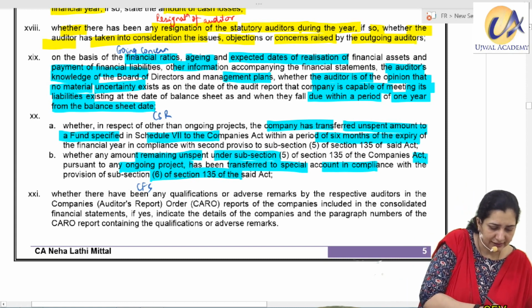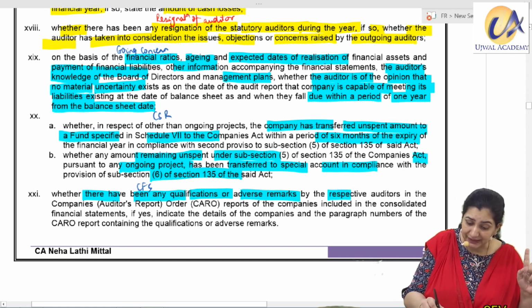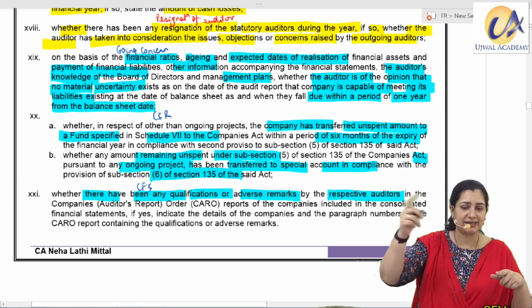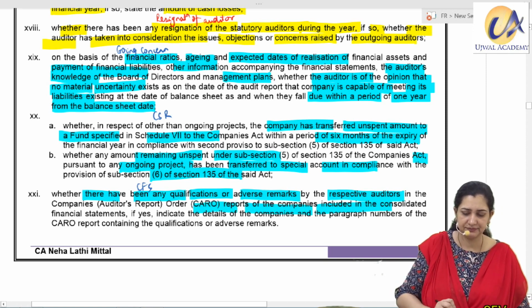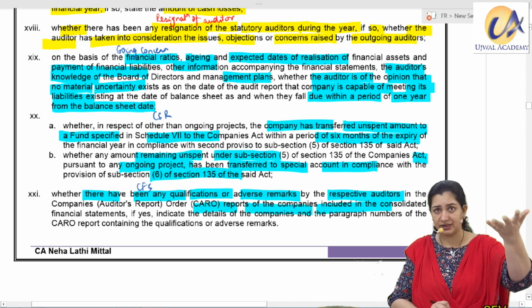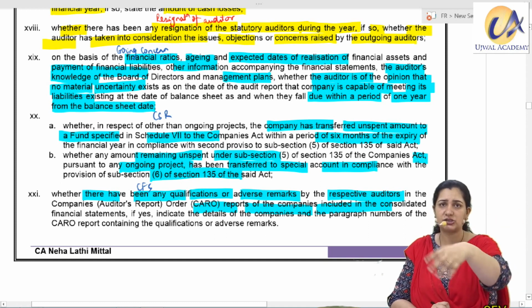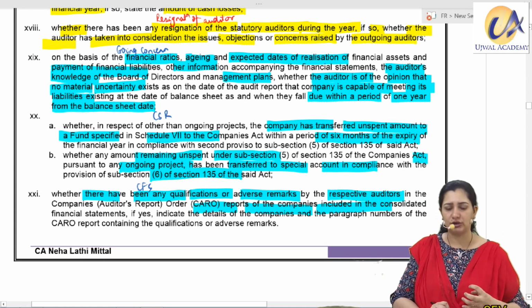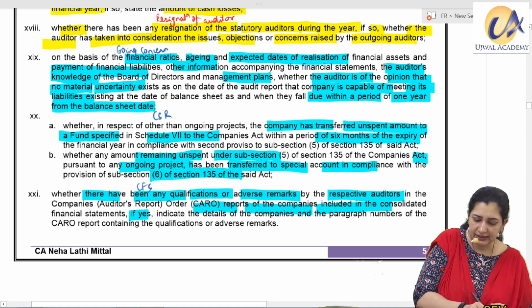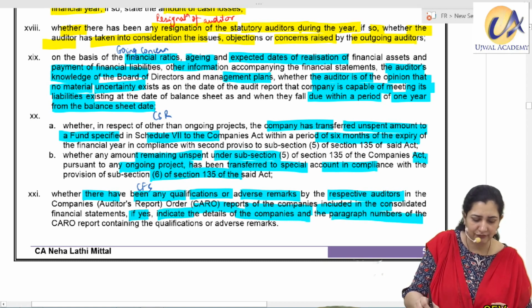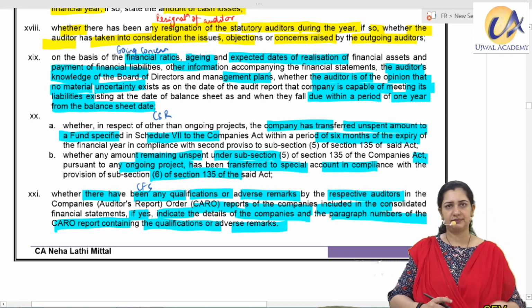So whether there has been any qualification or adverse remarks by respective auditors, in my example X, Y, Z, in the Caro reports of the companies, not the entire report, only Caro reporting, 21 points of that S1, S2, S3, whether we have got that, and included in the CFS? If yes, indicate the details of the company's paragraph numbers of the Caro report containing those qualifications.